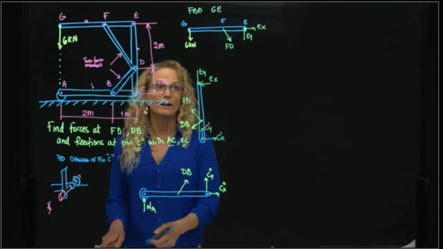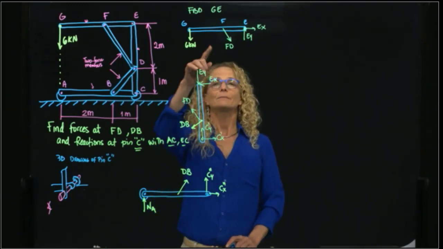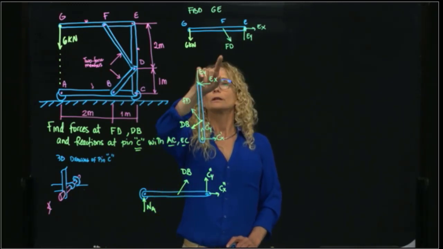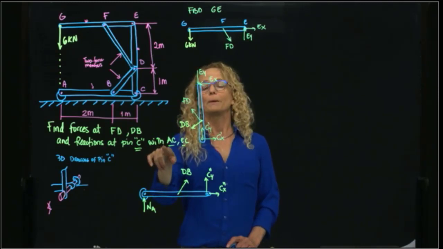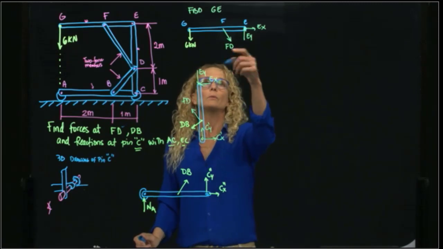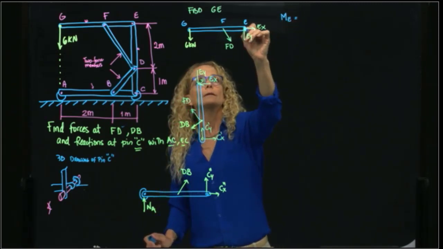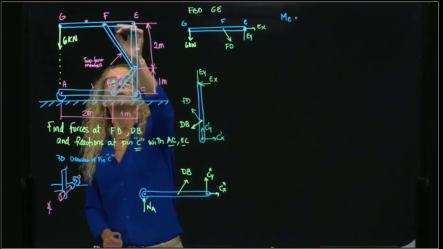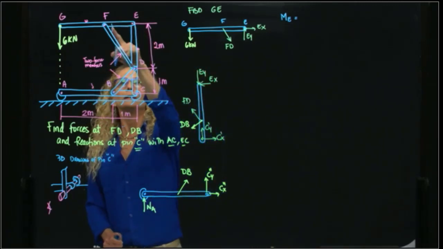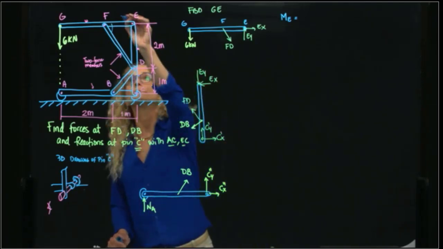So the first equation that I will apply, they ask me to find the reaction in FD. So I will find that one first. Therefore, I will take moment at E. So when I take moment at E, this angle over here is known because this distance is 1.